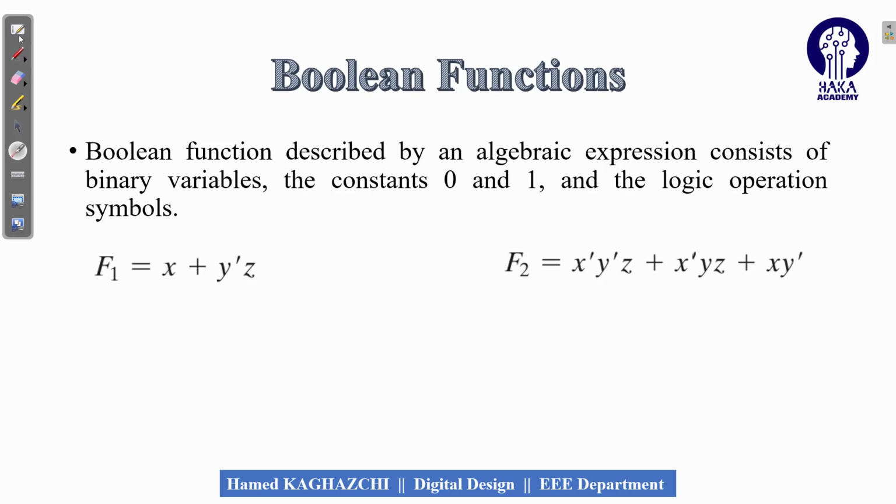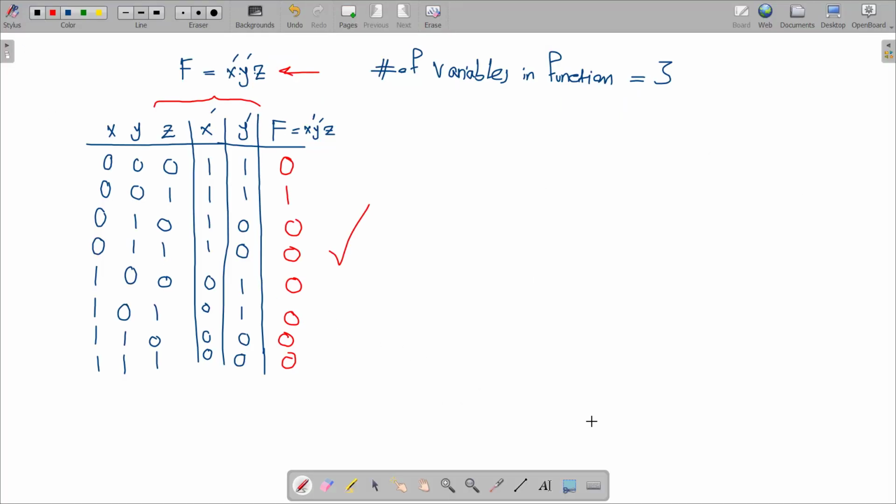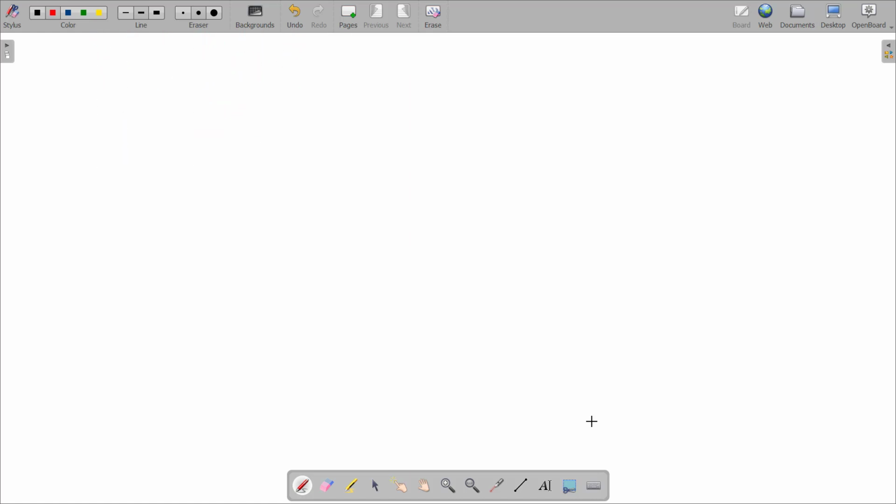As a result, I can say that if I have a function like that, f is equal to x or y prime z, I can say that f can be 1 when x is equal to 1 or y prime z is equal to 1.